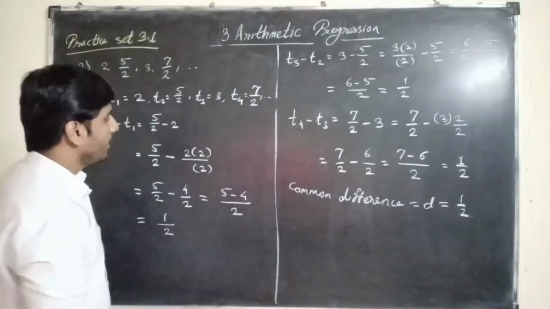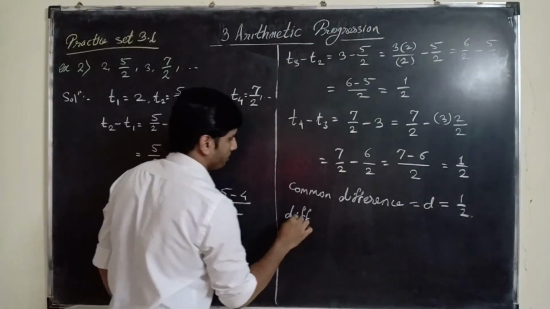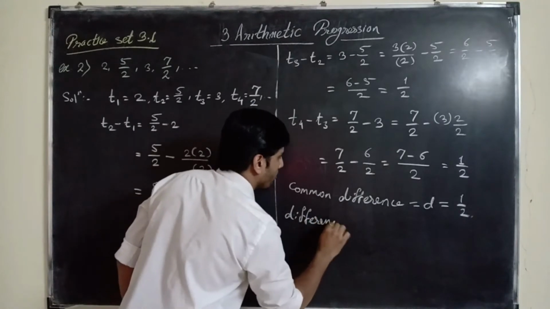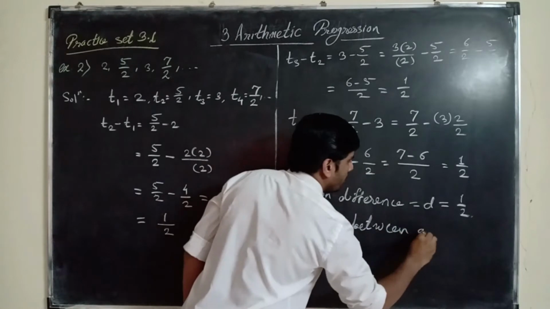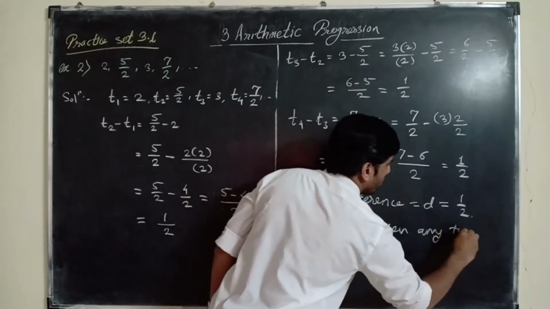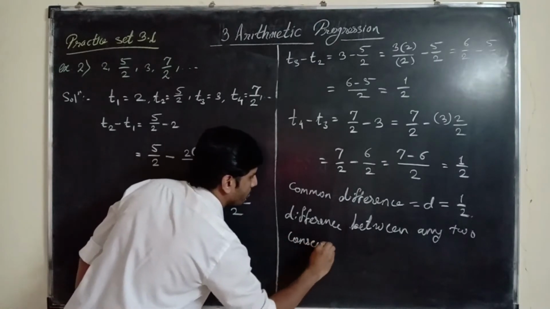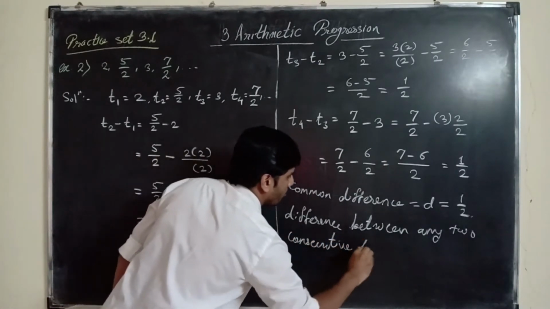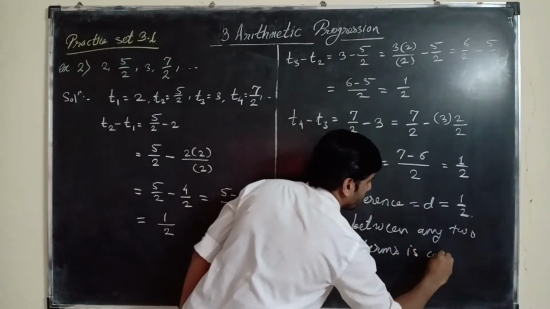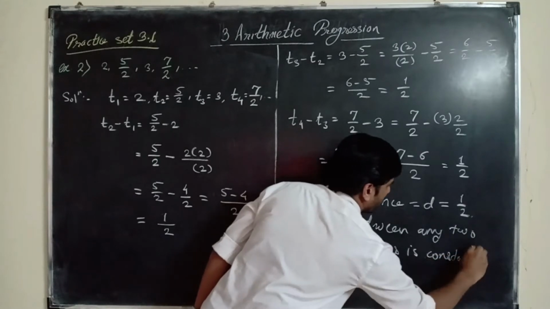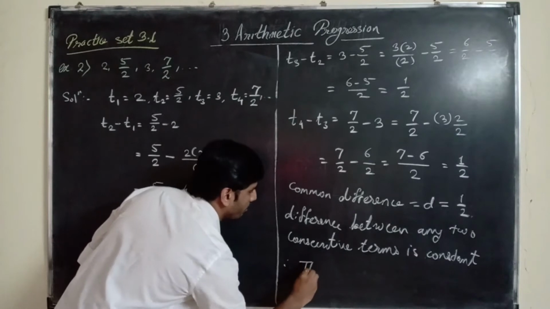So we can say that the difference between any two consecutive terms is constant. Therefore, the given sequence is in arithmetic progression.